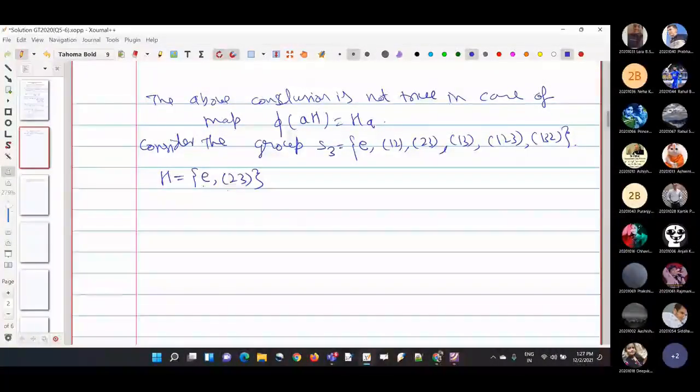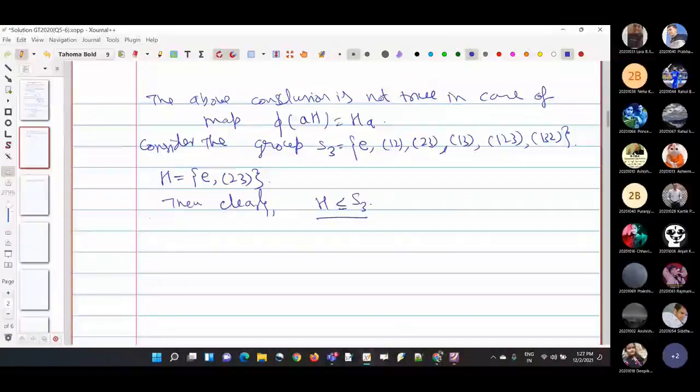Fine, so this is self inverse. E identity is also self inverse. Then clearly H is a subgroup of S3.